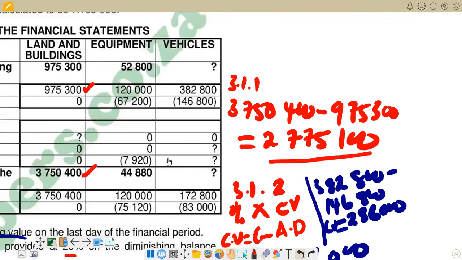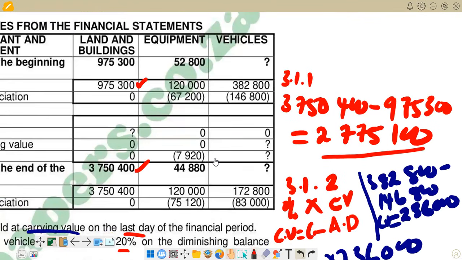If you come here now, you'd see that we are on vehicles, and vehicles is here. And you'd see that the carrying value at the beginning of vehicles, we are going to say 382,800 minus 146,800.